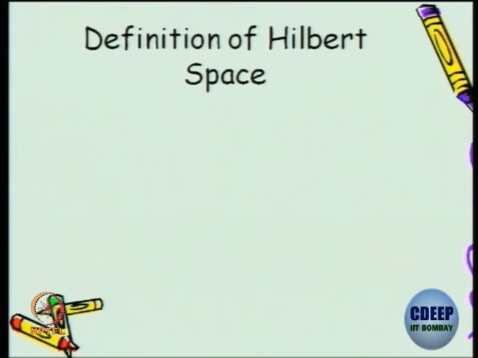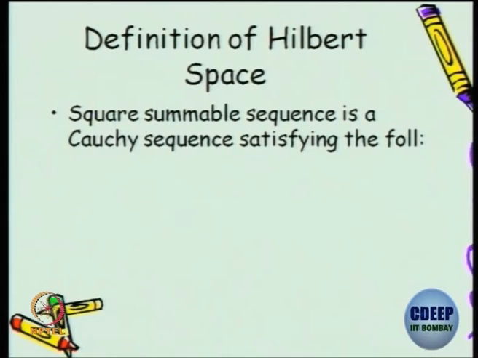Okay, so slowly, many times you will hear that this vector space is called a Hilbert space. So let me spend a few minutes on the definition of a Hilbert space. All quantum mechanics problems assume that we work in a special linear vector space, which is called a Hilbert space. First of all, a square summable sequence is a Cauchy sequence if it obeys certain properties.